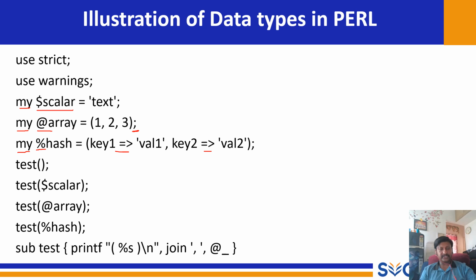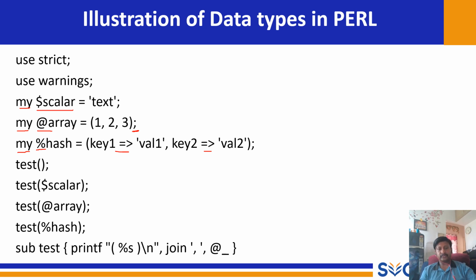Whatever you call functions in C language, in Perl we call subroutines. Here the user-defined subroutine initially I'm giving like test, open bracket, close bracket. And another test subroutine, where I'm enclosing a scalar variable called $scalar. And for the next functions, I'm going to give test at array and test percentage hash.